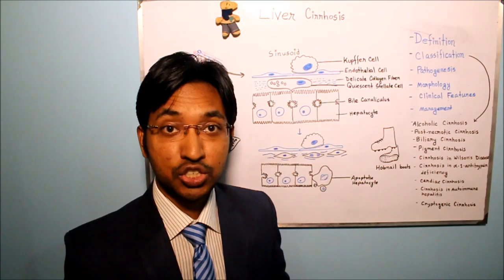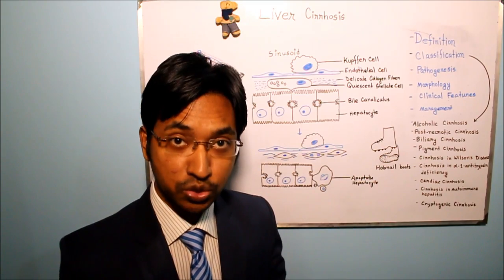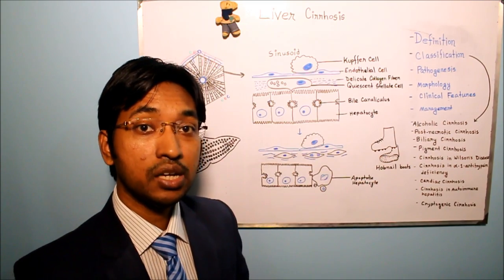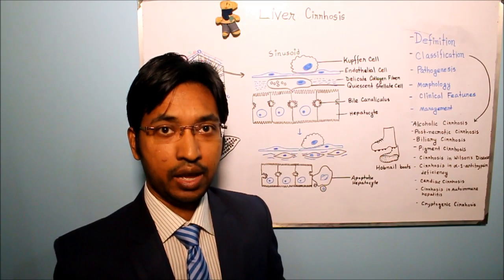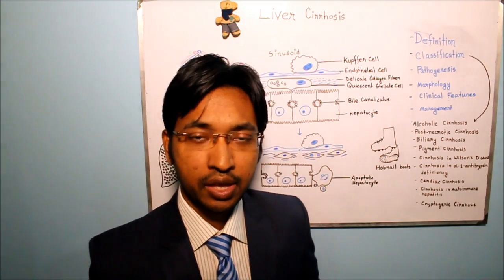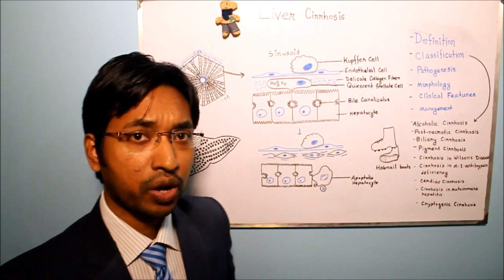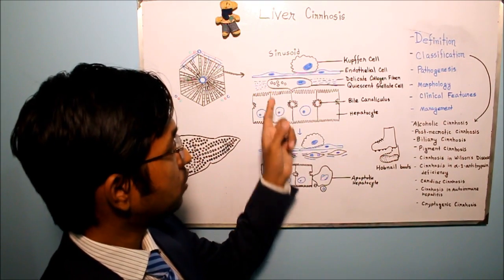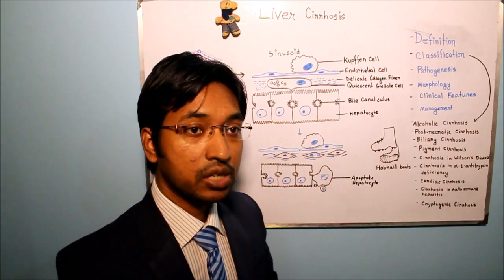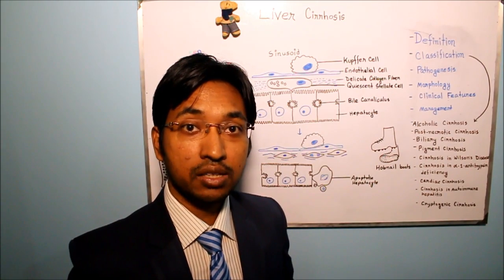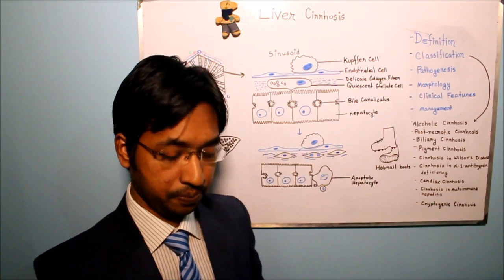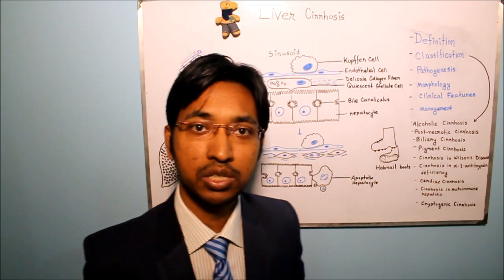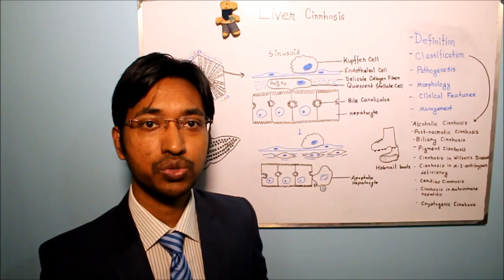So there is formation of regenerating nodules that are surrounded by fibrous septa, as we have seen in the definition. And now we know why there is fibrosis, and that is due to transformation of these inactive stellate cells into their active form, the myofibroblast. So this was in short about the pathogenesis of liver cirrhosis.